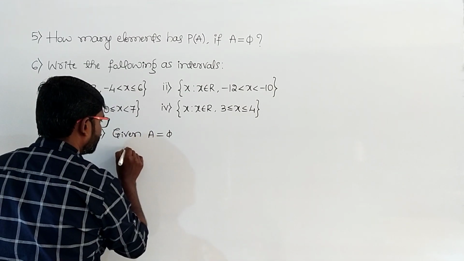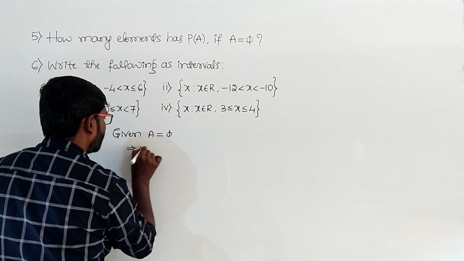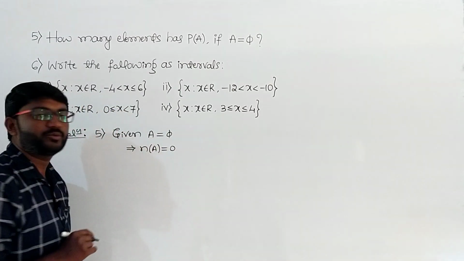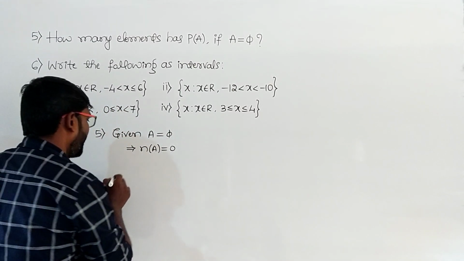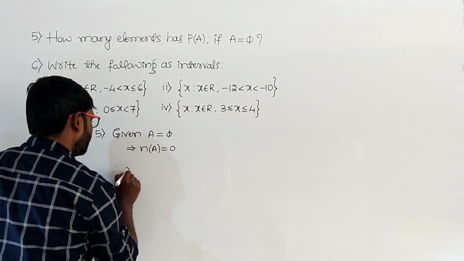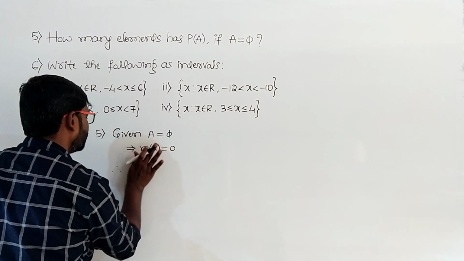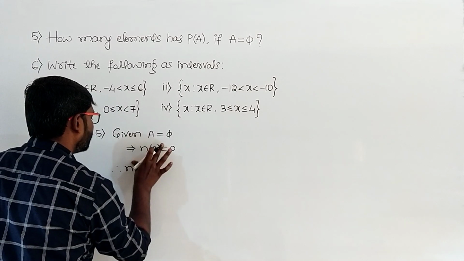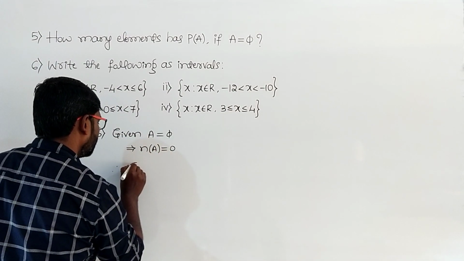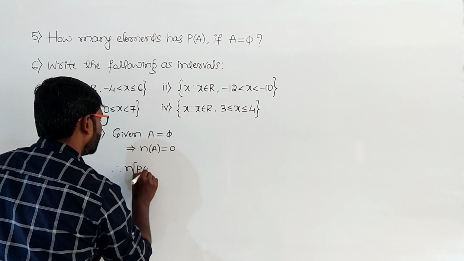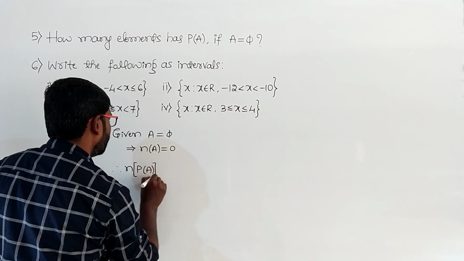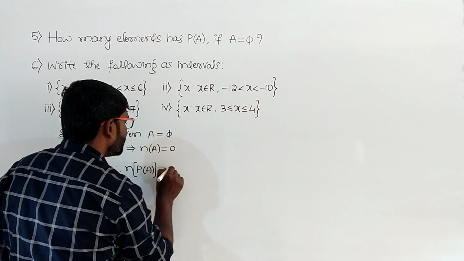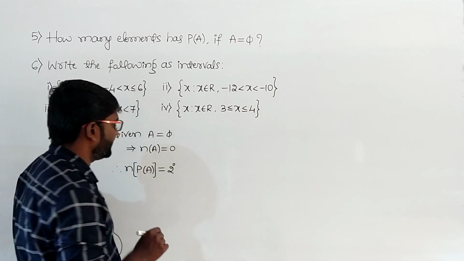This implies n of A is equal to 0, and therefore n of P of A, the number of elements in the power set, n of P of A is equal to 2 raised to 0.